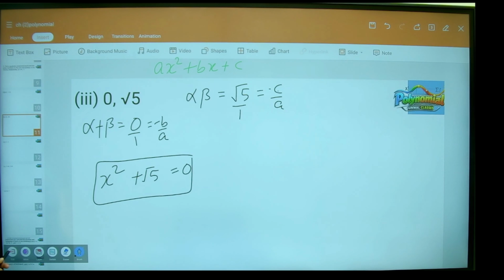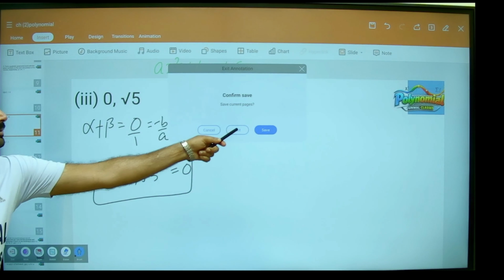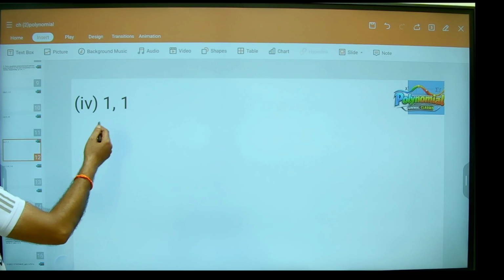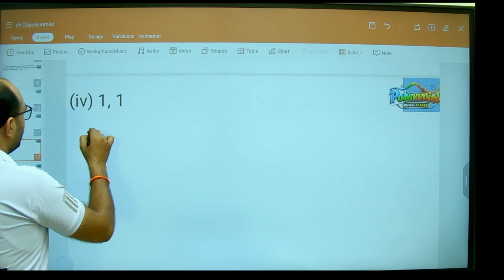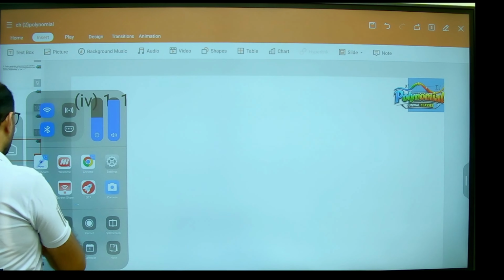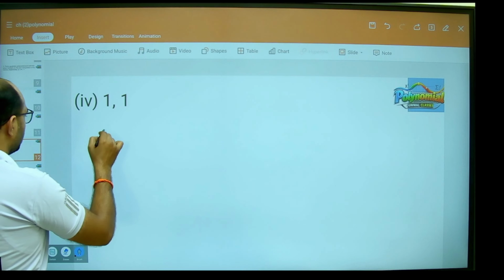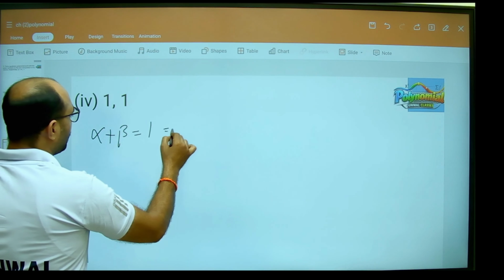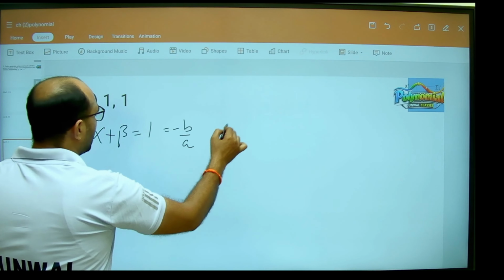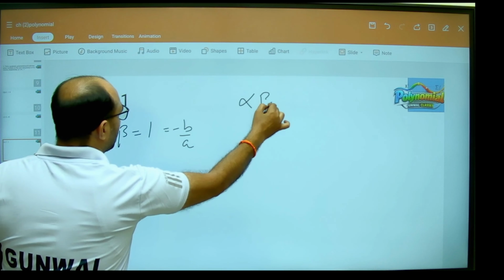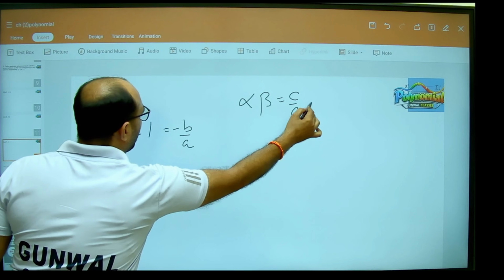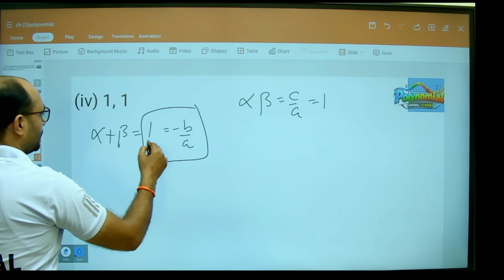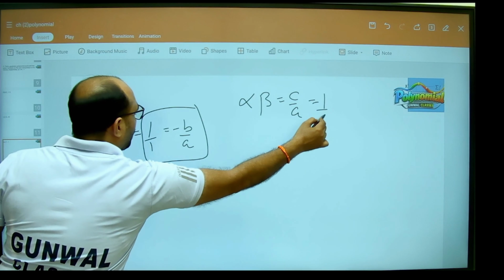Next, sum is 1, product is 1. Alpha plus beta is 1 and alpha into beta is also 1. Alpha plus beta is equal to 1, which is equal to minus b upon a. Alpha into beta is equal to c upon a is equal to 1. If you compare this, a is equal to 1.